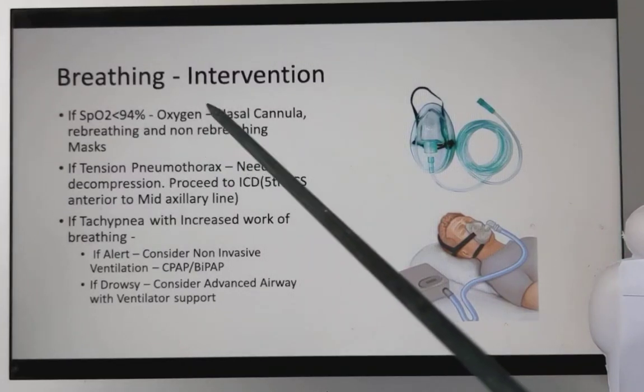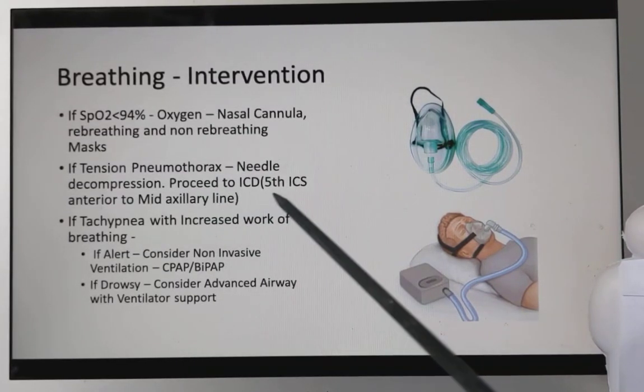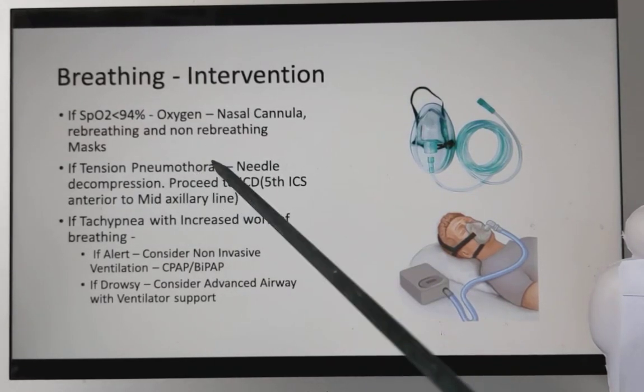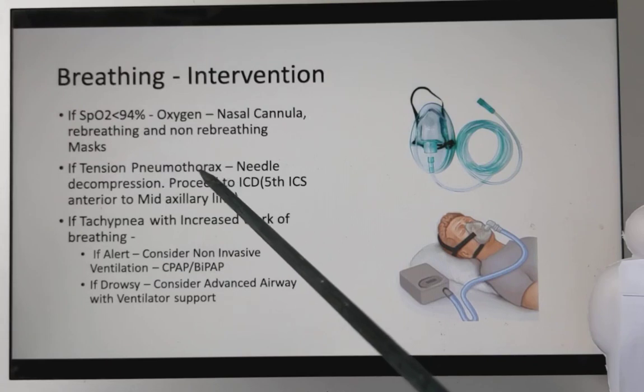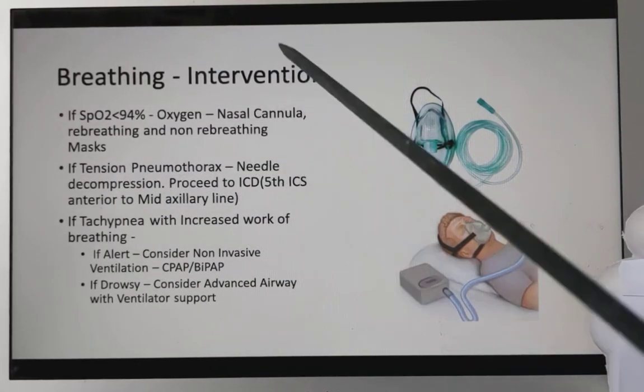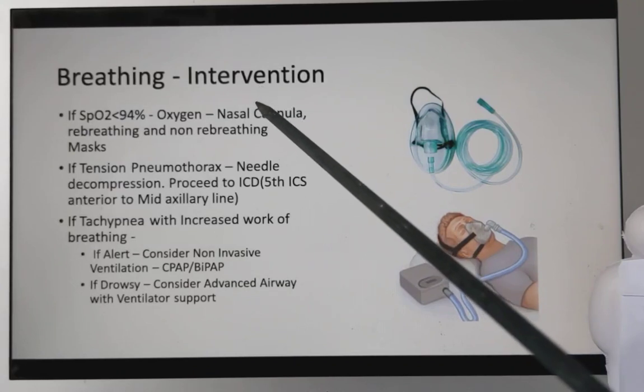Now, in the primary survey, we are only looking at the compromising or emergency situations which need immediate intervention. Such a thing can be tension pneumothorax.